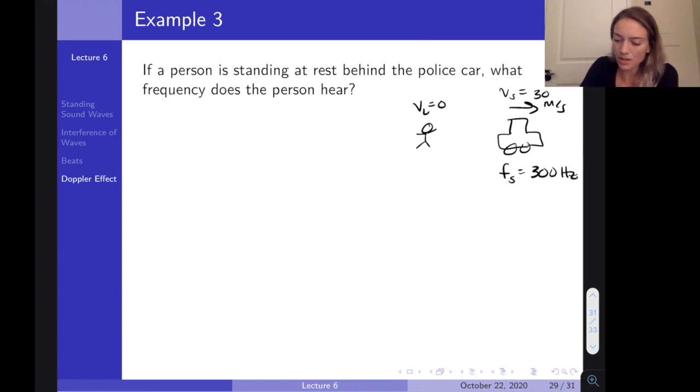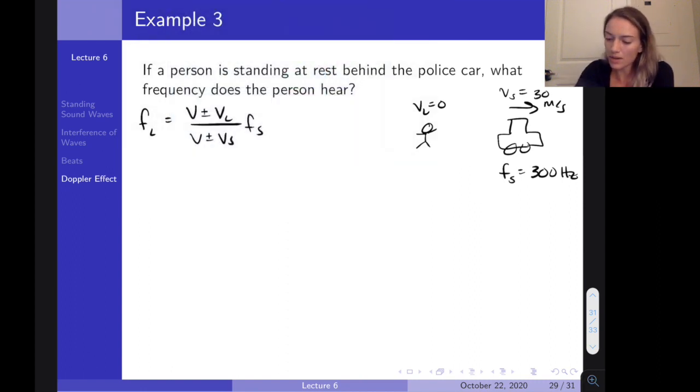So we're obviously just going to use the Doppler shift where FL is (V plus or minus VL) over (V plus or minus Vs) times Fs. We know right away that our listener is standing still, so the velocity of the listener is 0. The velocity of the police car, the source, is obviously not 0.